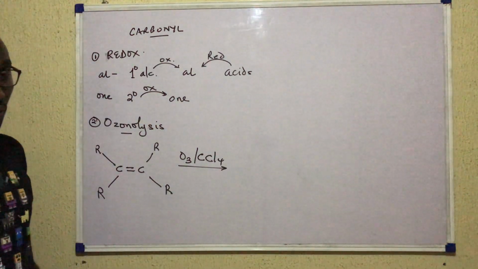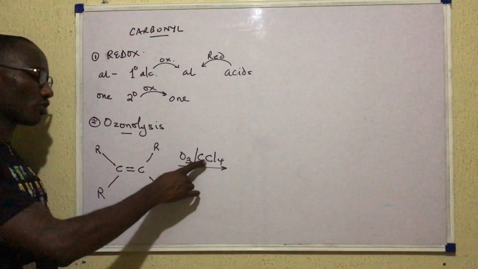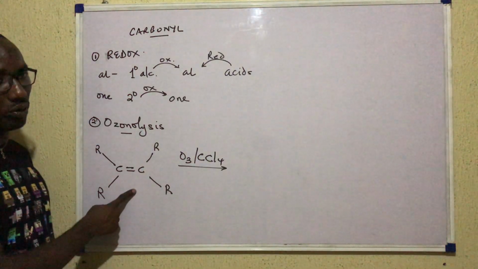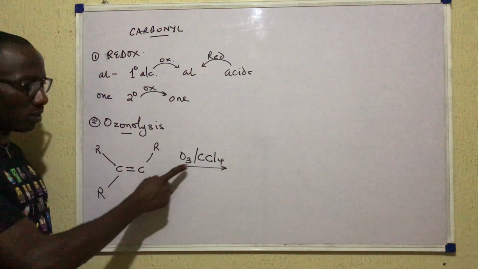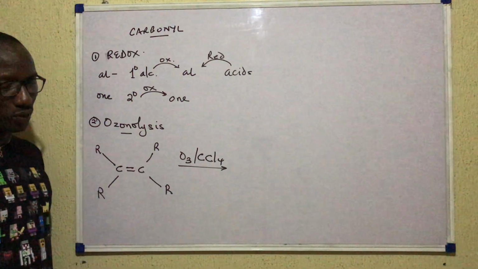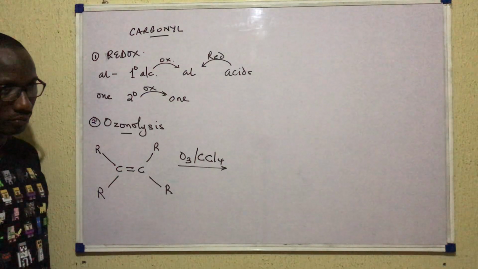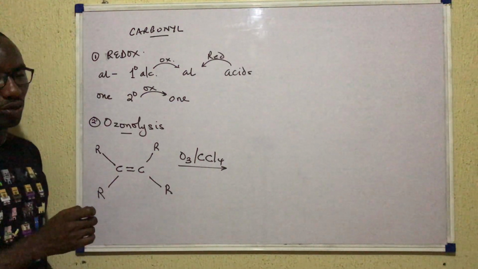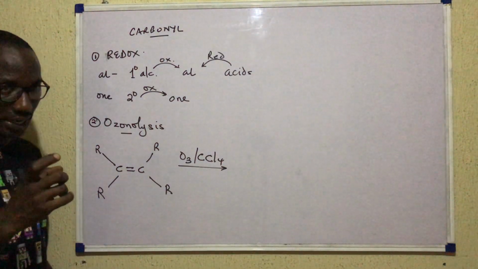CCl4 is tetrachloromethane, and in this reaction, it functions as a solvent for the alkene. So the alkene is dissolved in tetrachloromethane, and then ozone is bubbled into it. That is ozonization. That process will give a product called an ozonide.